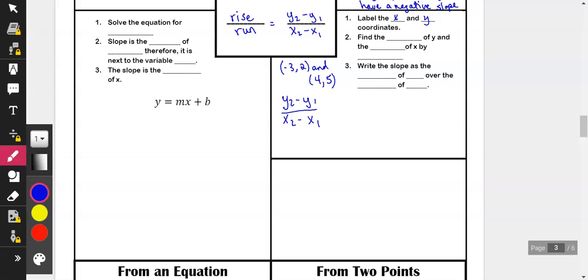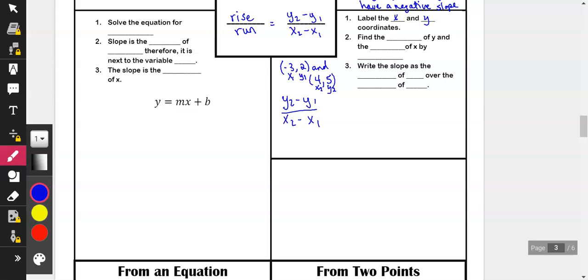Remember, a point is always an x and then a y, alphabetical. For the first point, I'm going to put little 1s behind it to tell me this is the first x and the first y. Then for the second point, I'm going to put little 2s behind it to tell me these are the second x and the second y.